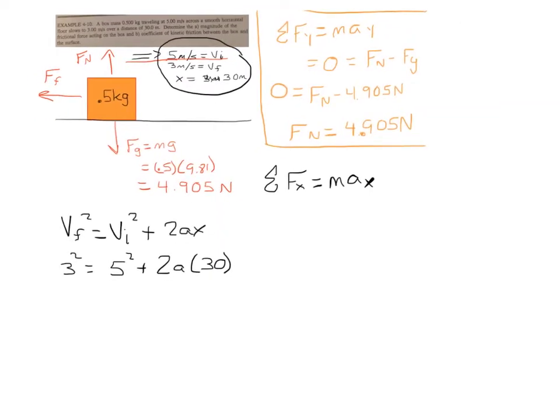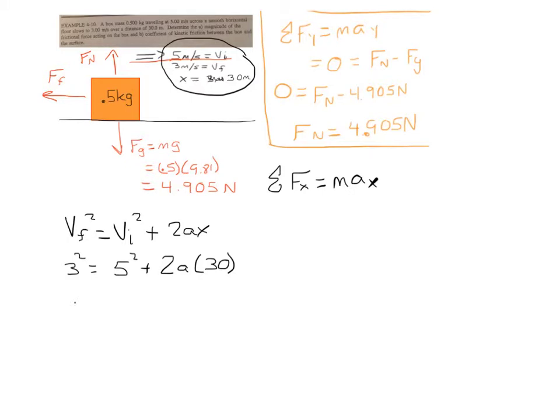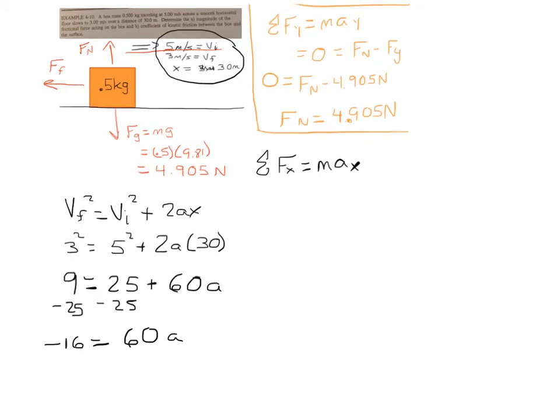So we get 9 minus 25, negative 16, equals 60a. We divide negative 16 by 60 and we get negative 0.27 meters per second squared as the acceleration of the box.